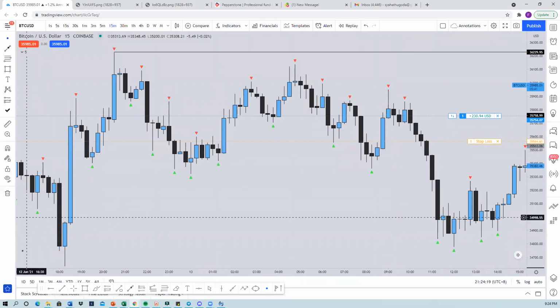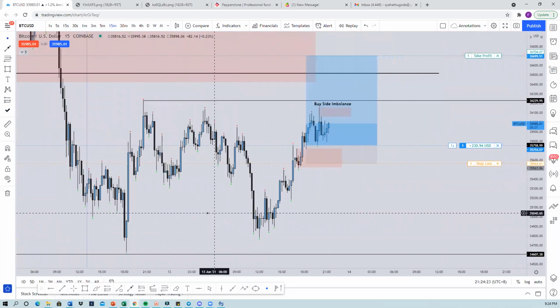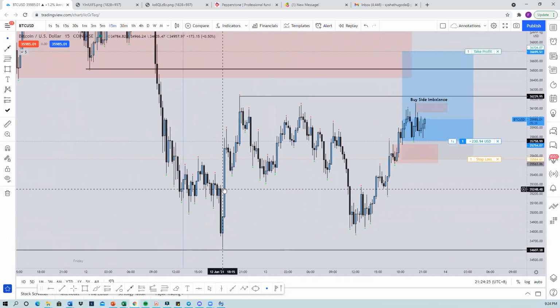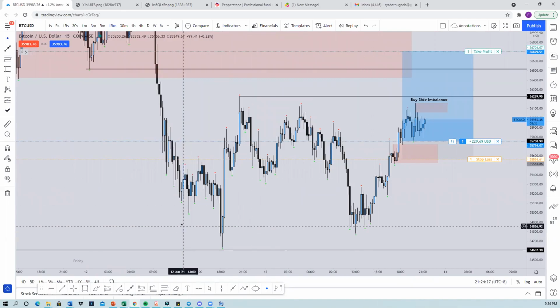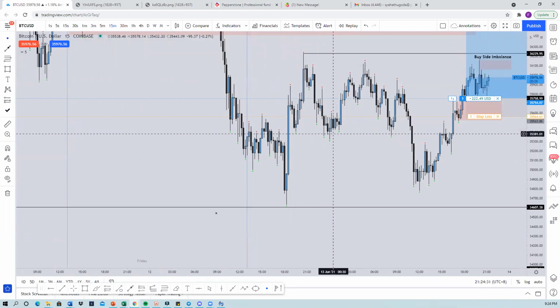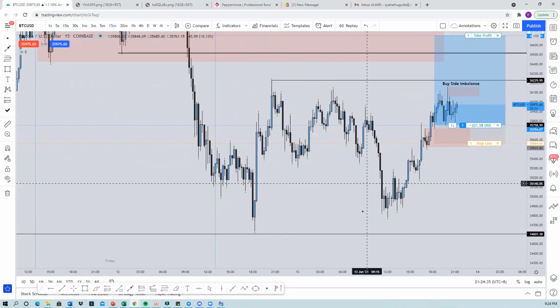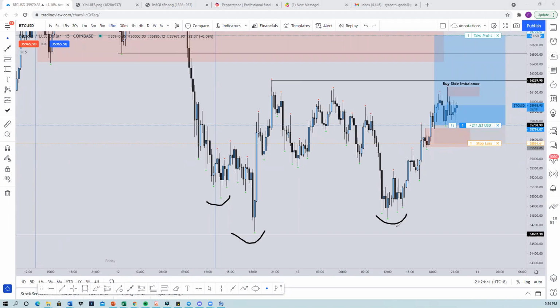Okay, so by keeping your charts like this, and by understanding that this is an imbalance, and that what is over here is an institutional swing low forming, potentially we can see the other part forming here in terms of low, this one over here. Although this is not ideal, the ideal one would be this, because we want it to be like that, right?